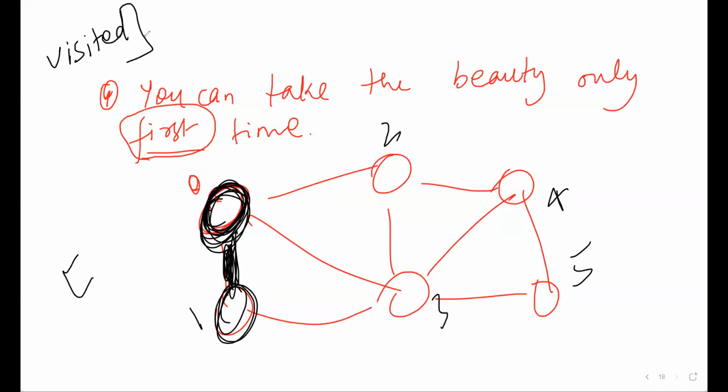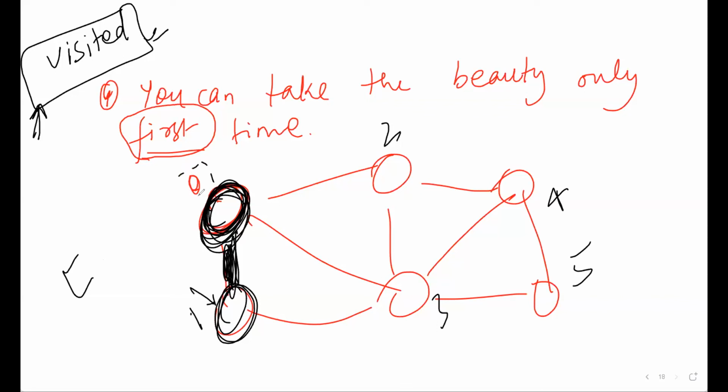Okay, it is coming down to a basic traversal technique. Those who know some details about graphs must know about BFS or DFS techniques that are used for traversing. In that, we use this visited array. Whenever we are visiting or going to some node, we are marking it. So here also, when I go to this node for the first time, I'll get the beauty of this node.